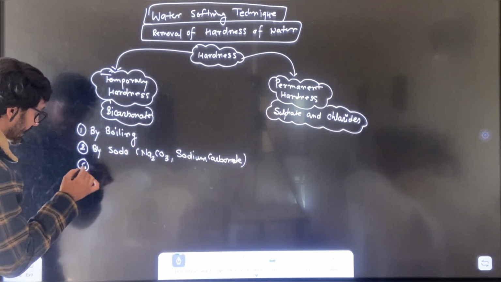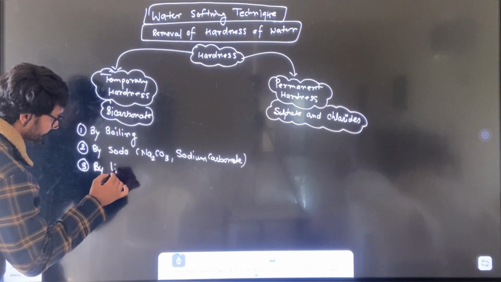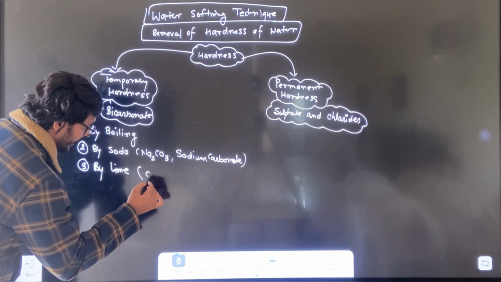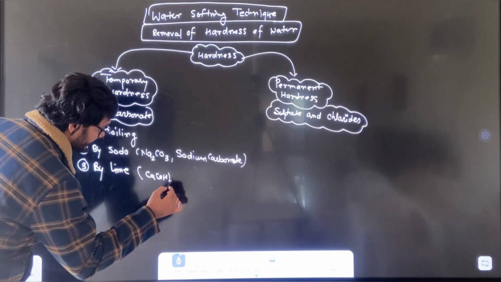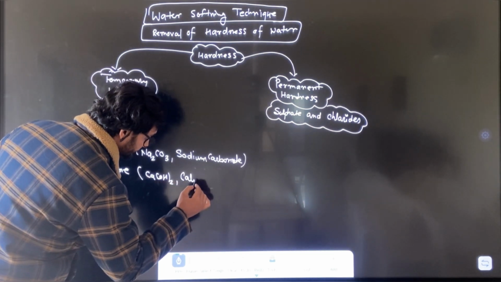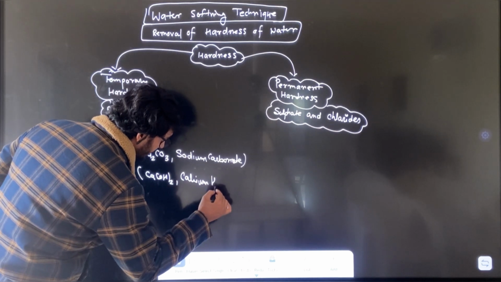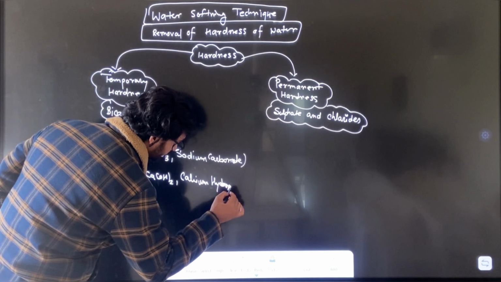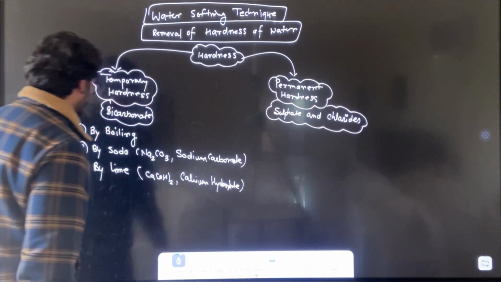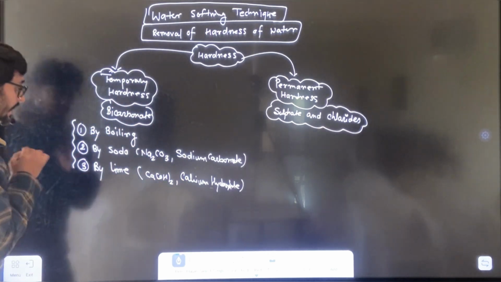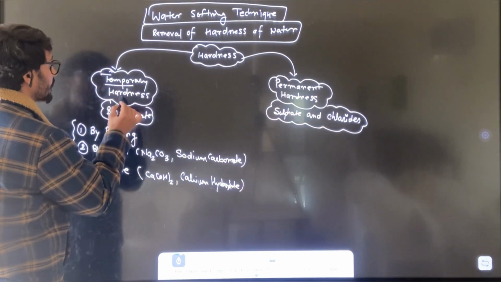And the third method is by lime, which means calcium hydroxide. So these three methods are used to remove temporary hardness.